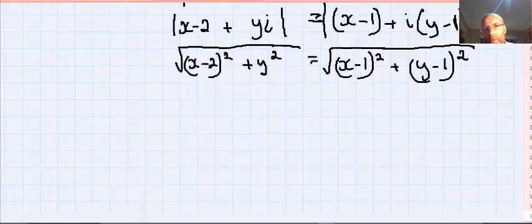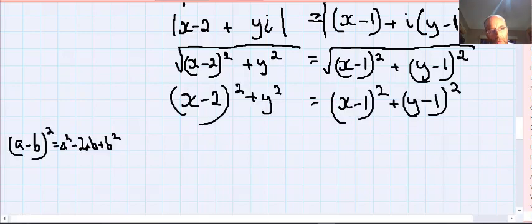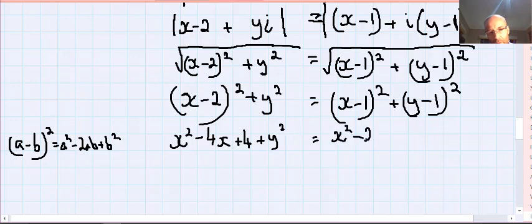To get rid of these pesky square root signs, we square both sides and expand. So basically we now have, noting that we're using the perfect squares expansion there, x squared minus 4x plus 4 plus y squared equals x squared minus 2x plus 1 plus y squared minus 2y plus 1.